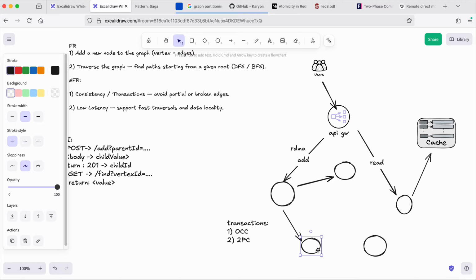For the first option, from the consistency point of view, it's eventual, but for this one, it's strong consistency per transaction per partition.